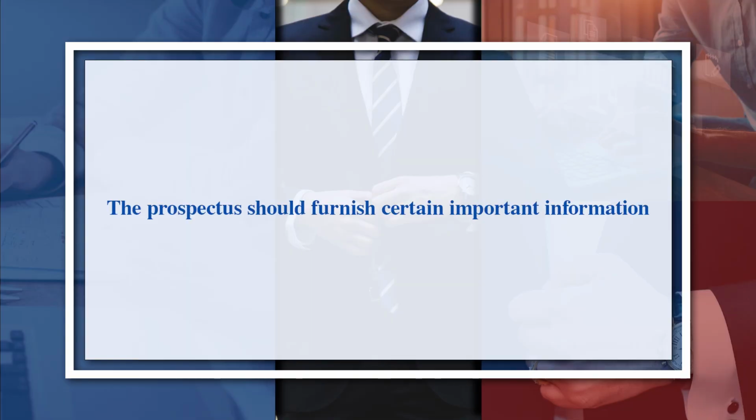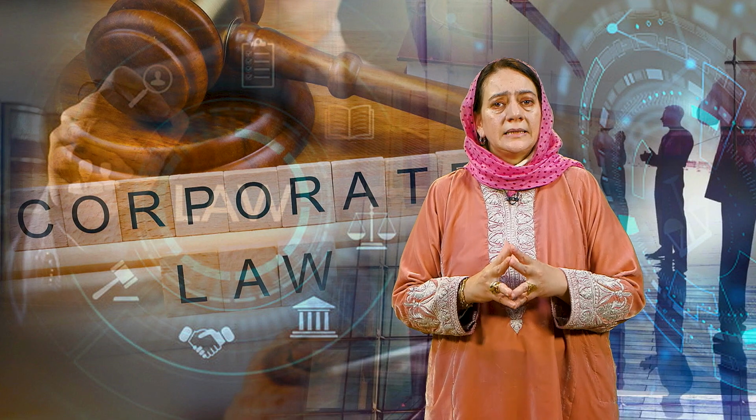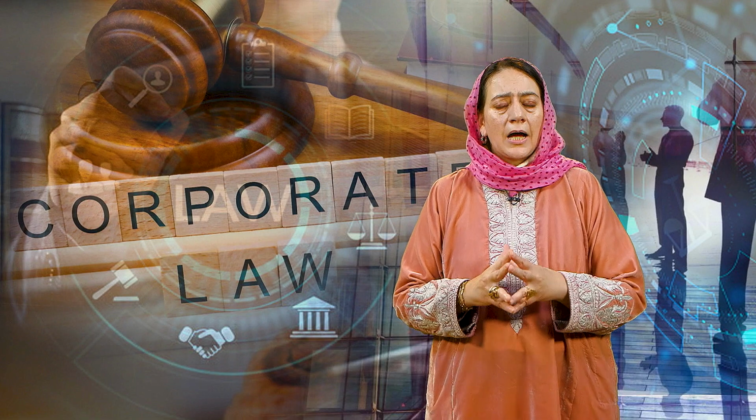The prospectus should furnish certain important information. This includes the names and addresses of the registered office of the company secretary, chief financial officer, auditors, legal advisors, bankers, trustees if any, underwriters and such other persons as may be prescribed.